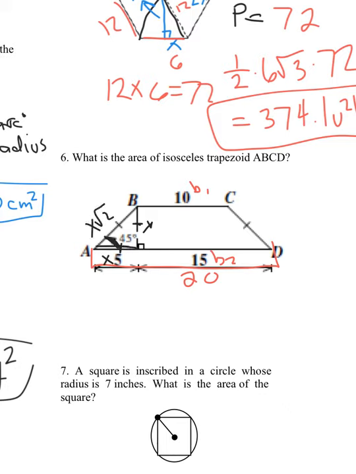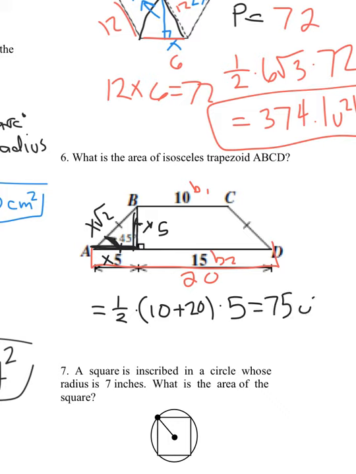And if this side is 5, that side is 5, just like on that previous problem. There's nothing to solve, per se. So there's your height. So the area formula is 1/2 times parentheses base 1 plus base 2 times the height. And that's going to give you 75.